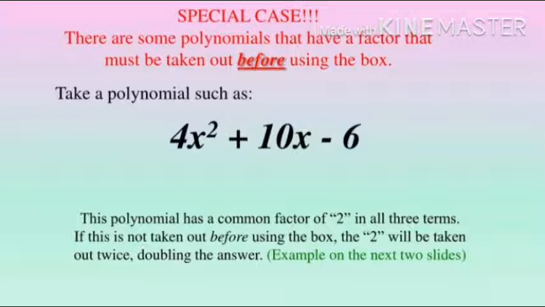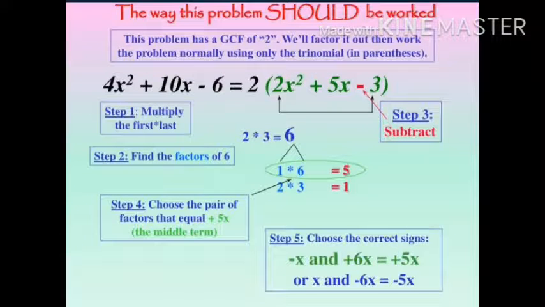If this is not taken out before using the box, the 2 will be taken out twice, doubling the answer. Example on the next slide. This way the problem should be worked. This problem has a GCF or HCF of 2. We will factor it out, then work the problem normally using only the trinomial.